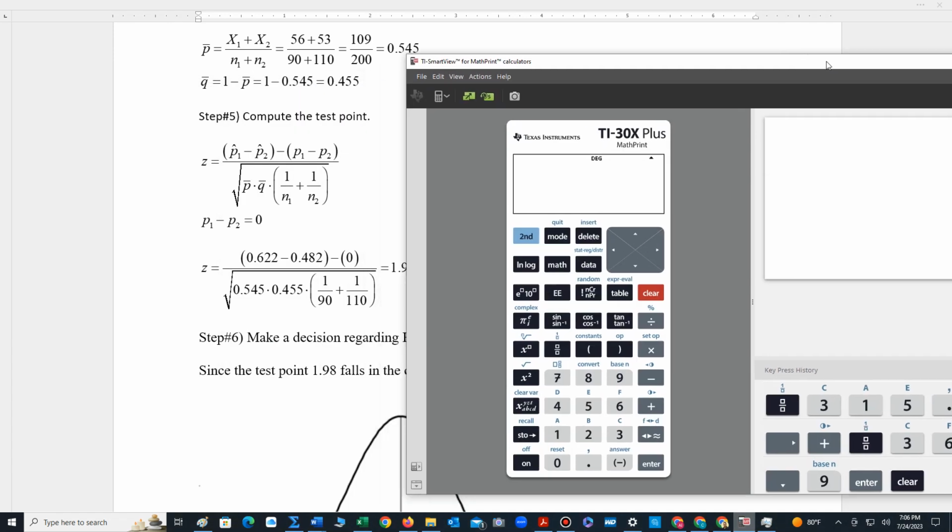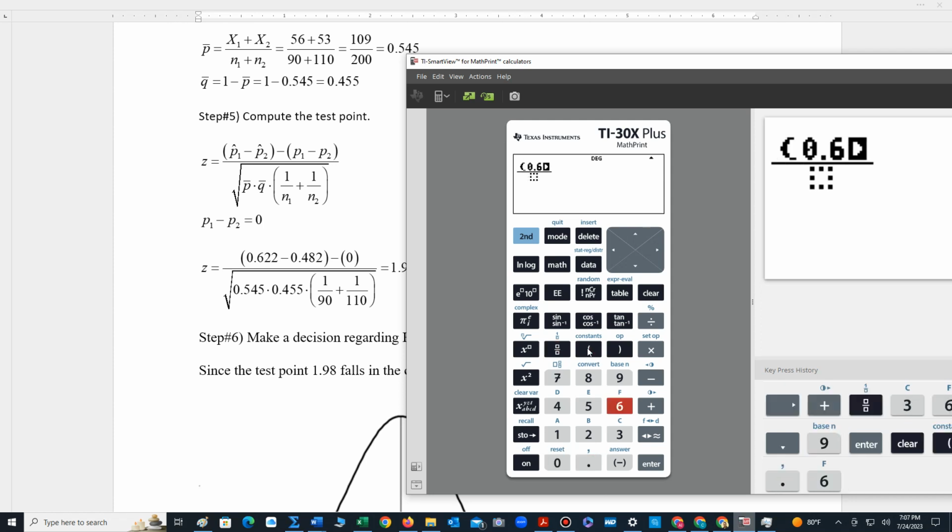I will use a standard calculator to do this. So let me go ahead and set this up. Clear this out real quick. And so in the numerator, I have 0.622 minus 0.482.